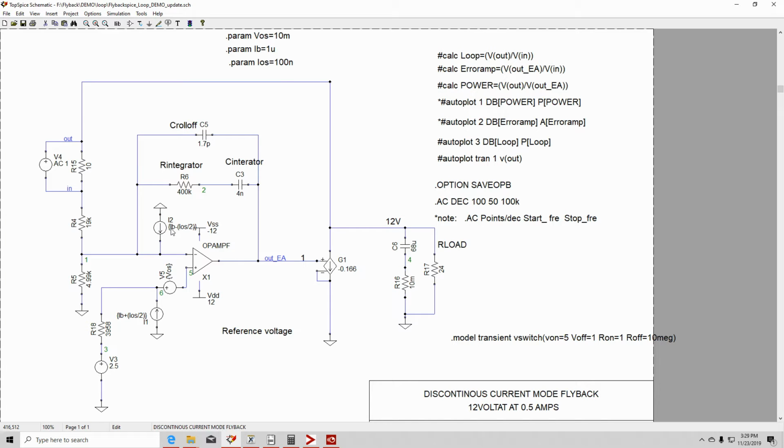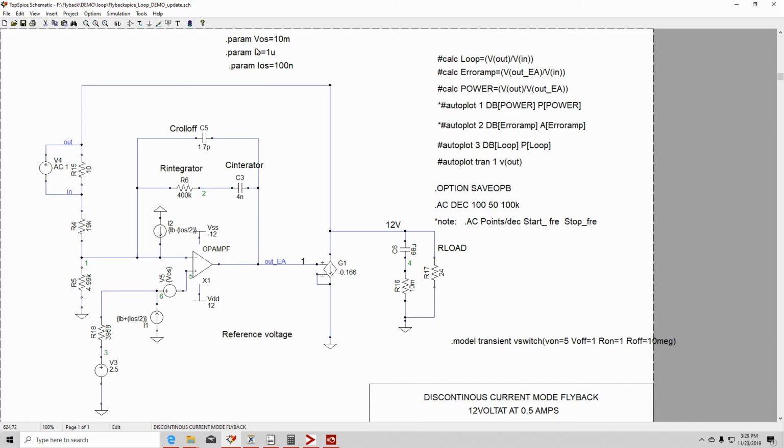Once I put this definition, then I come up here and I define what Ibias is. I go to the text, I put .param, which is a Spice directive, and then I define IB equals 1 micro. So that's what I just told it, that the bias current is going to be 1 micro, and then I define IOS as 10 nano.